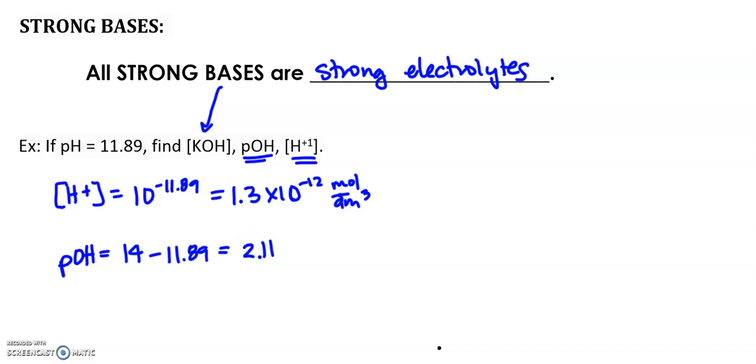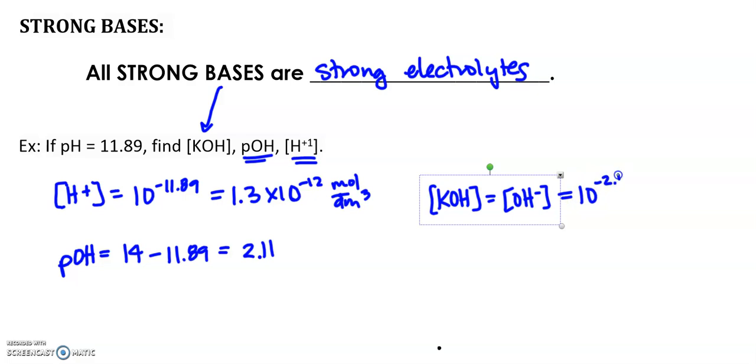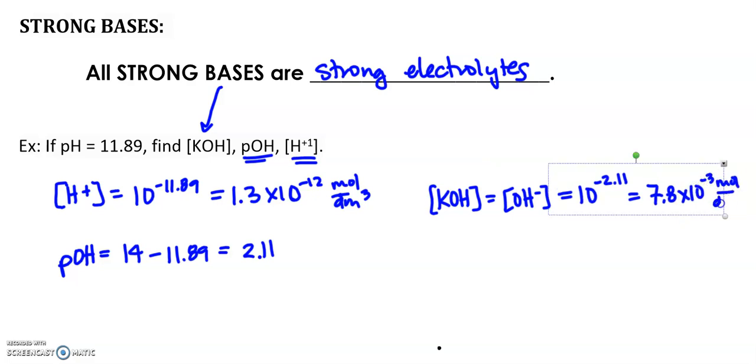So now I can find my KOH, because this is a strong base. We're not going to use monoprotic and diprotic here, but it has one OH group. So your KOH concentration will equal your OH minus concentration, because that would be a 1-to-1 ratio, which would be 10 to the negative pOH, so 10 to the negative 2.11, which gives me 7.8 times 10 to the negative third moles per decimeter cubed.